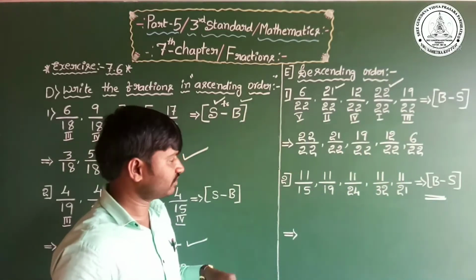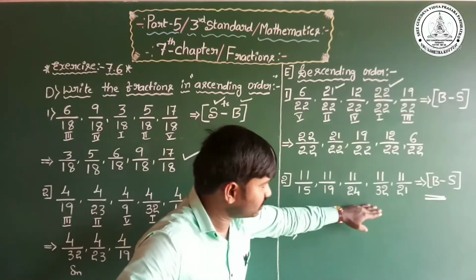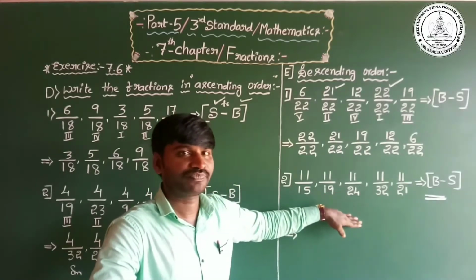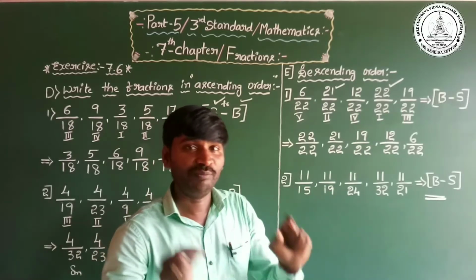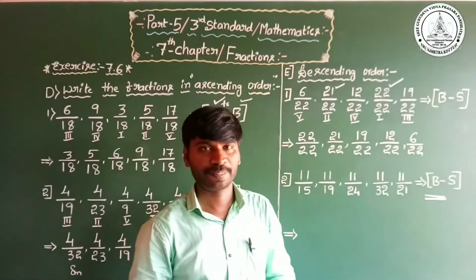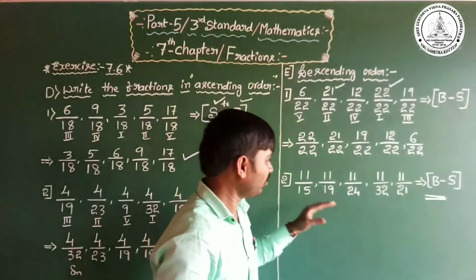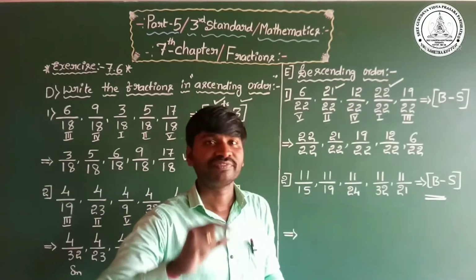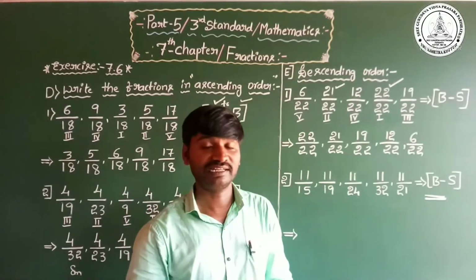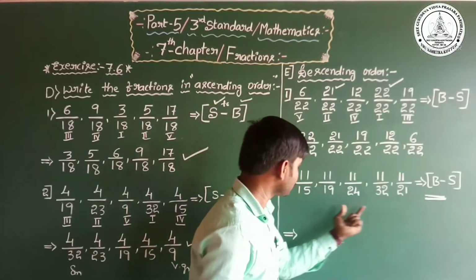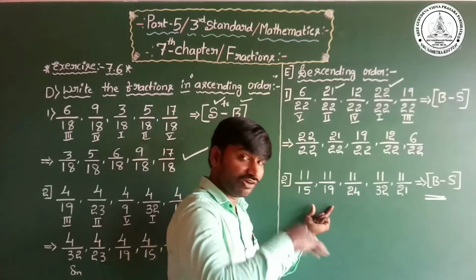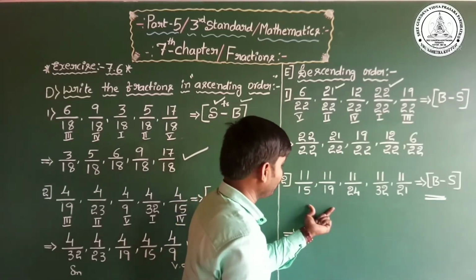In the given fractions, the numerators are the same. Which fraction's denominator is smallest? That is the greater fraction. So you observe which fraction's denominator is smallest.